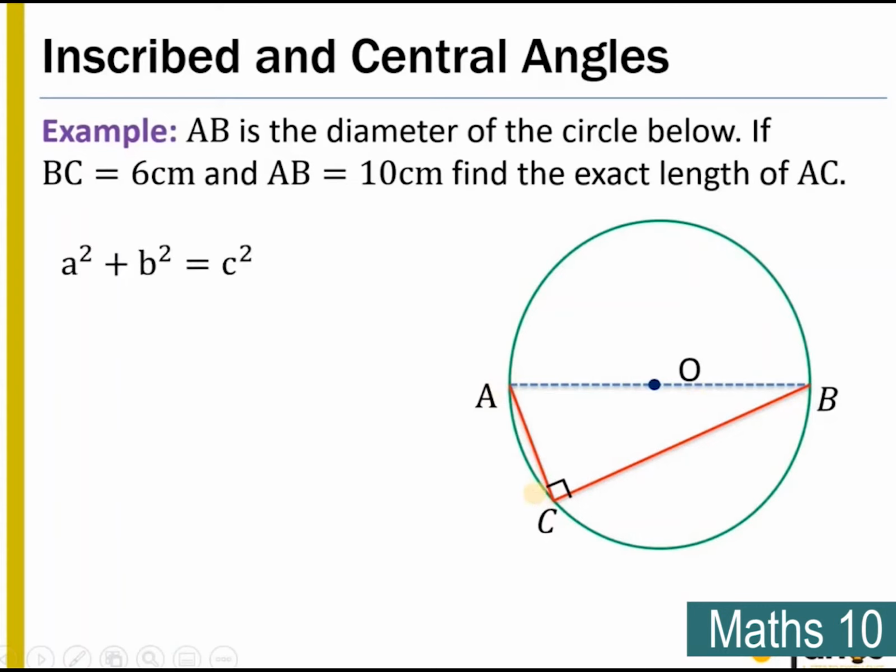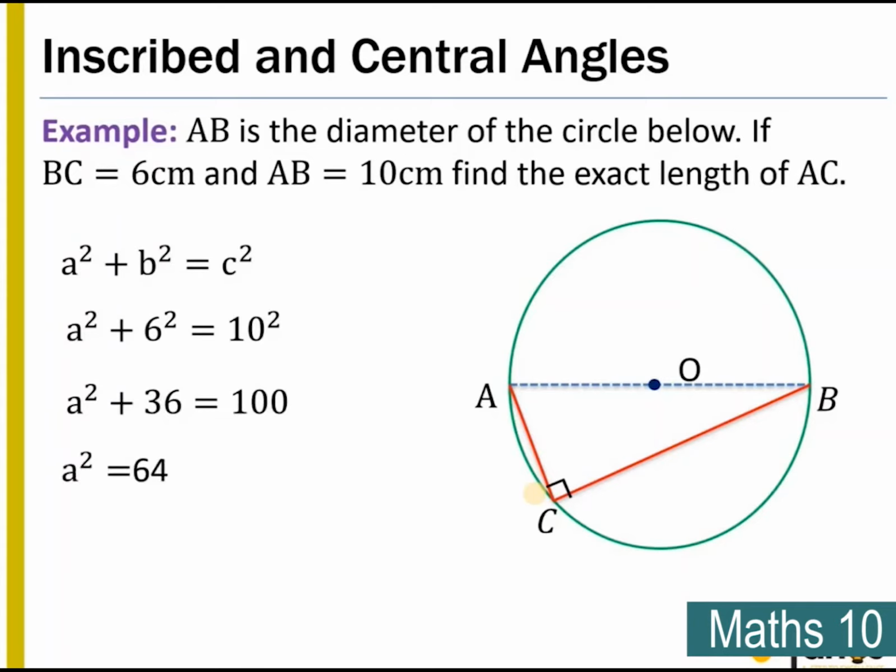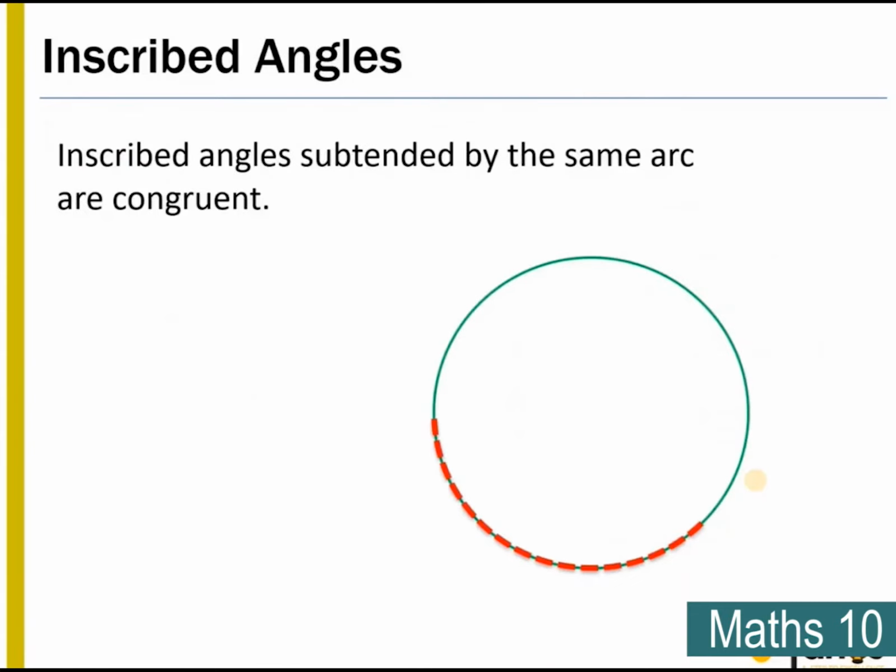With a right-angled triangle, we can use Pythagoras' theorem: A squared plus B squared equals C squared. So we know that A squared plus 6 squared equals 10 squared. So A squared plus 36 equals 100. A squared equals 64. So A is 8. The length AC is 8 centimeters.